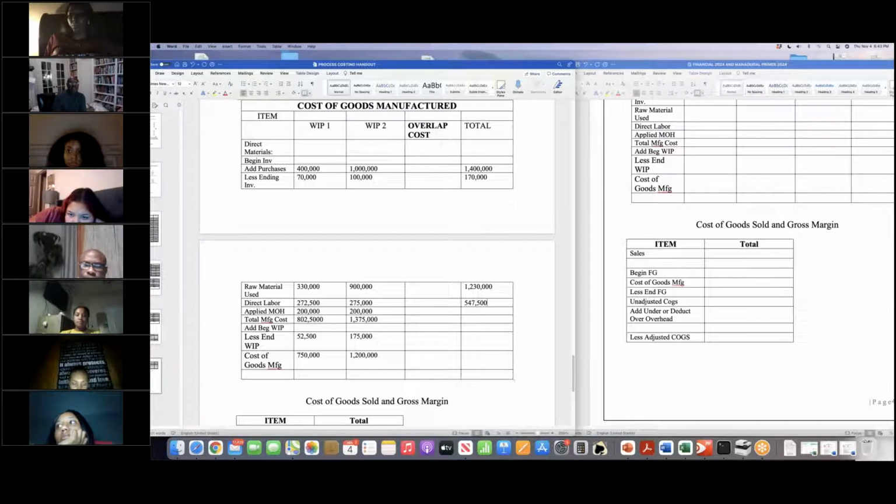And then the overhead, 400,000. Okay, so what was our total manufacturing cost if we add all these together? I got 2,150,000. Wait a minute, I'm on the wrong one. 2,177,500.